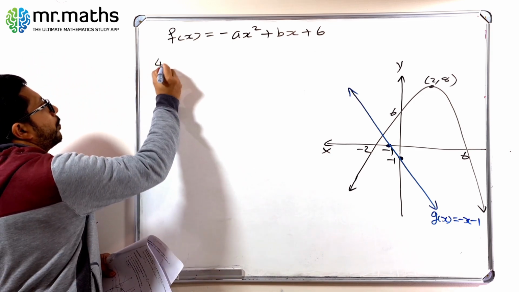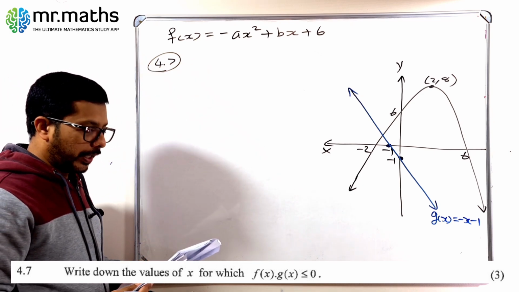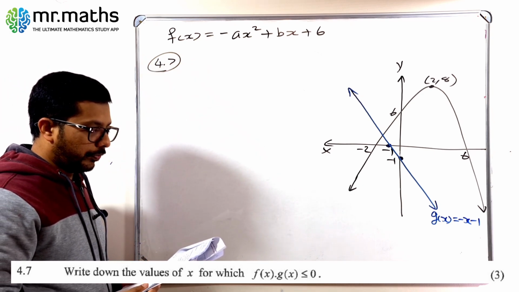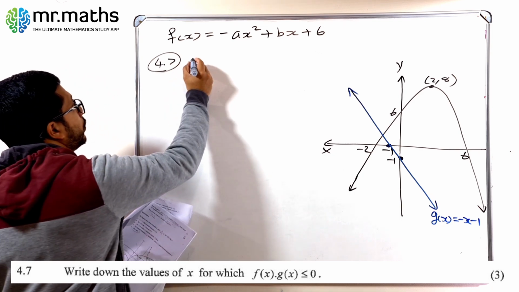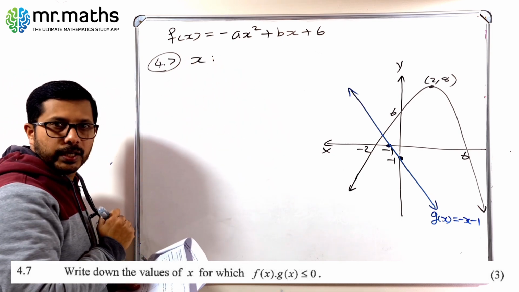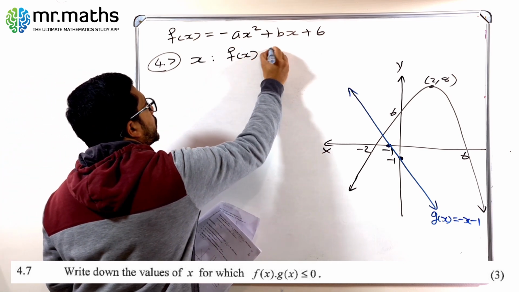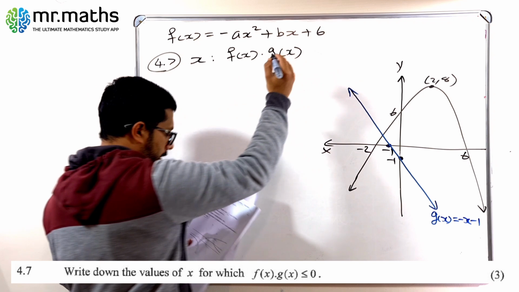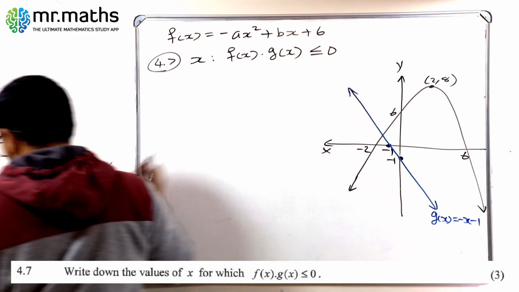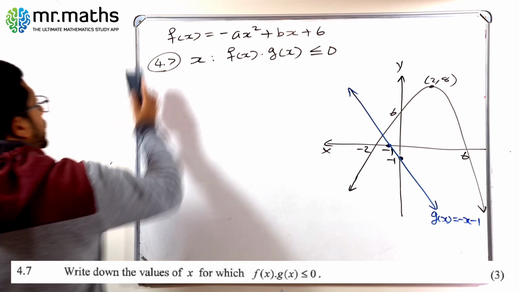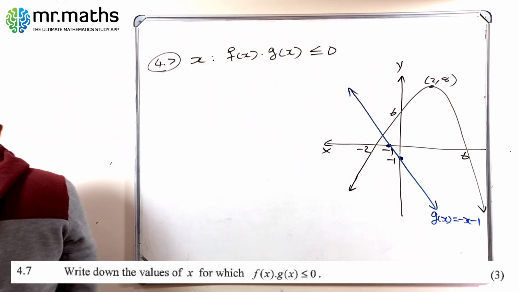Write down the values of x for which f of x times g of x is less than or equal to 0. You have to find the values of x. And what is the condition? F of x times g of x is less than or equal to 0.